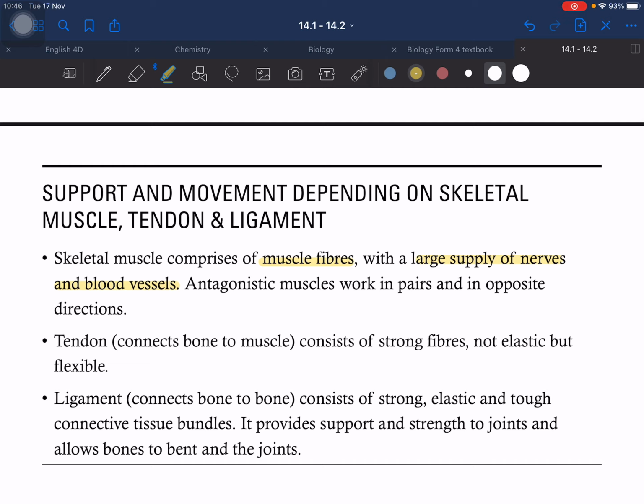And an important feature of muscles is that antagonistic muscles exist. They work in pairs and in opposite directions. So there is an example on page 272 where they talk about an extensor and a flexor.